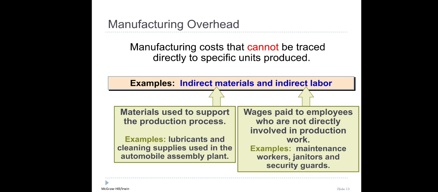There are three types of manufacturing overhead costs. The first one is indirect material. Indirect material is like this. Indirect materials are materials used to support the production process. For example, lubricants and cleaning supplies used in the automobile assembly plant.